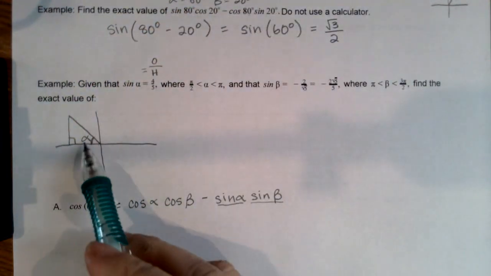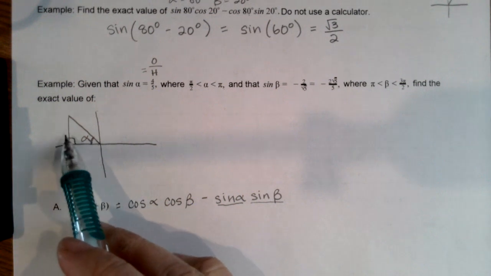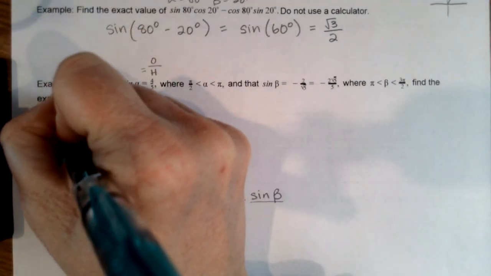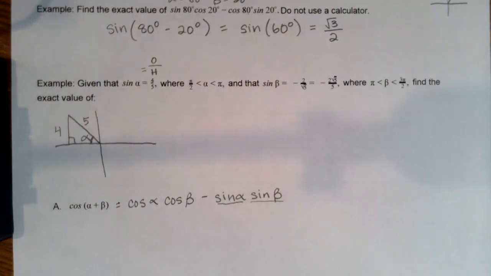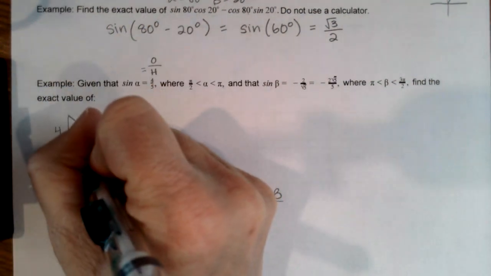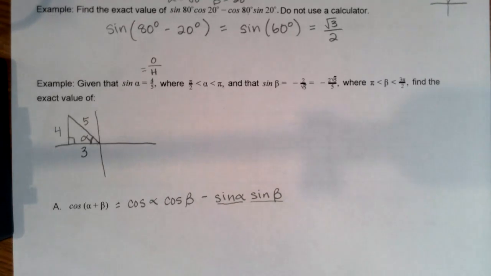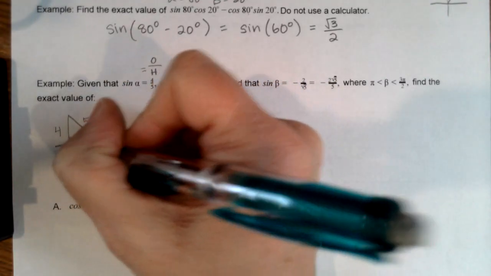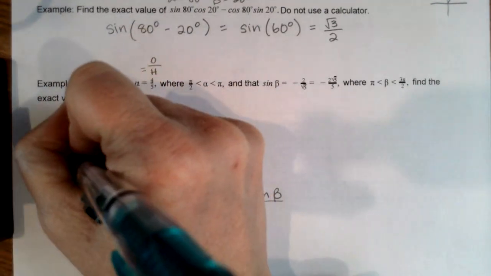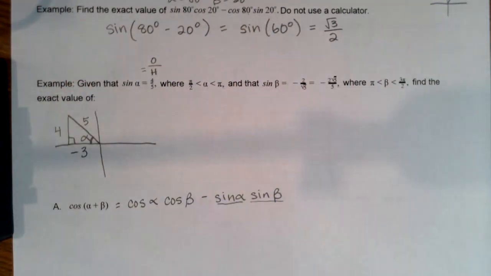So if this is my angle alpha, my opposite is going to be 4 and my hypotenuse is going to be 5. I recognize this as a 3, 4, 5 triangle. I also notice that my x is going in the negative direction, so I need to put in a negative 3.